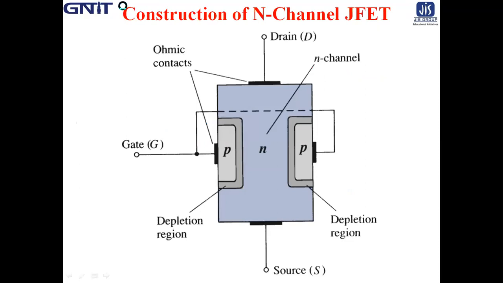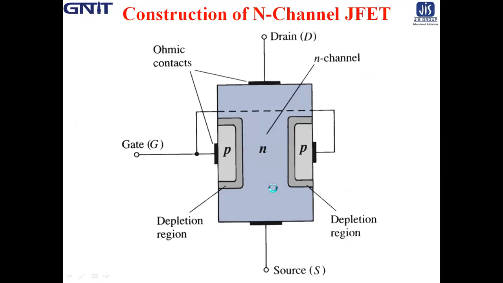This is the schematic diagram of N-channel JFET. The N-channel JFET is basically constructed using an N-type silicon or gallium arsenide bar as substrate, which is uniformly doped.